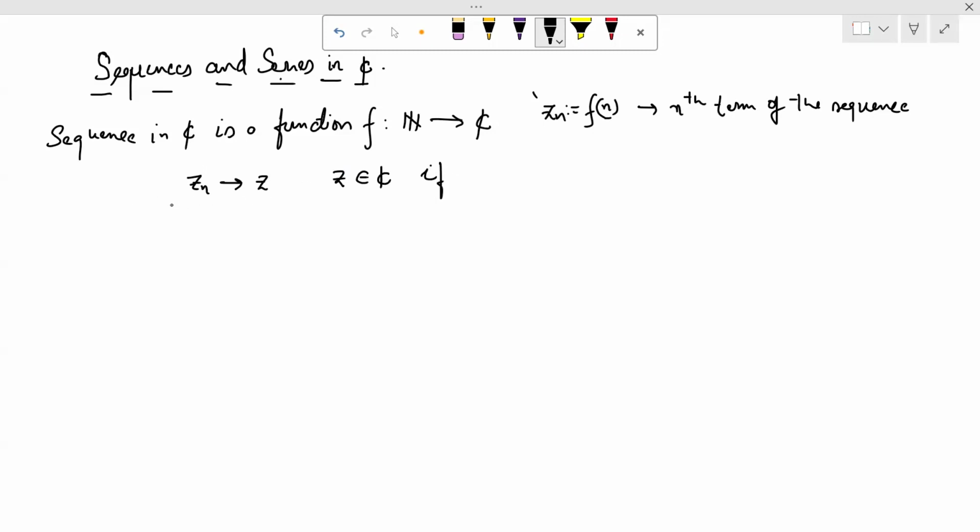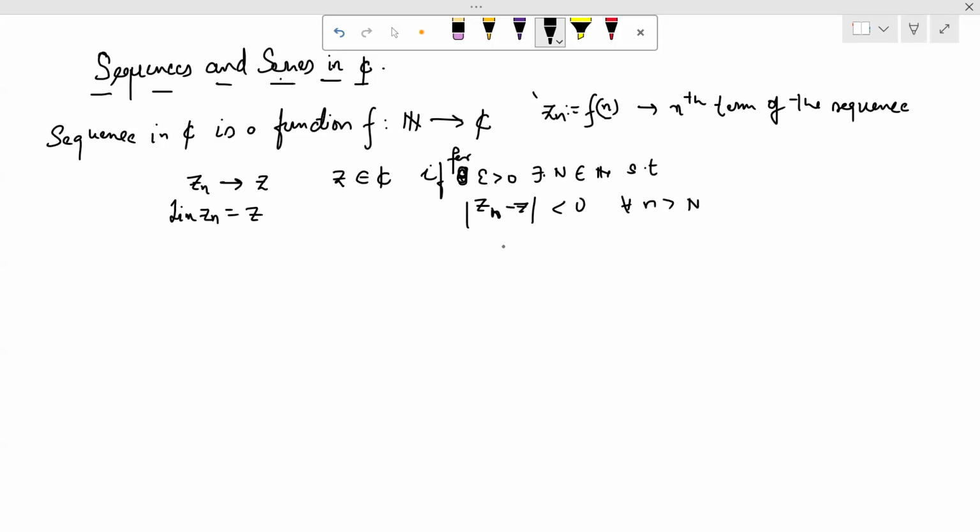We say that Zn converges to Z, or limit of Zn is equal to Z, if for every epsilon greater than 0 there exists some N belonging to the naturals such that modulus of Zn minus Z can be made less than epsilon for all n greater than capital N.